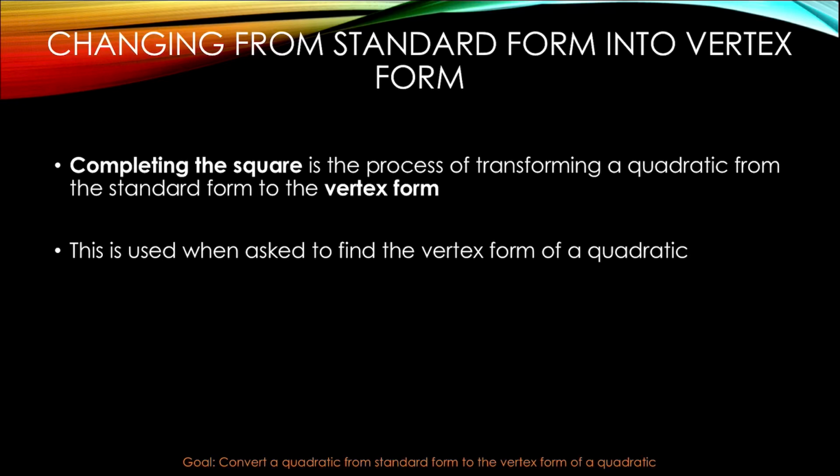It's just that process of transforming a quadratic from standard to vertex. We use this to find the vertex form of a quadratic because we want to see what the vertex is. That vertex form can tell us about the shape and location of a quadratic, or a parabola, on the plane.